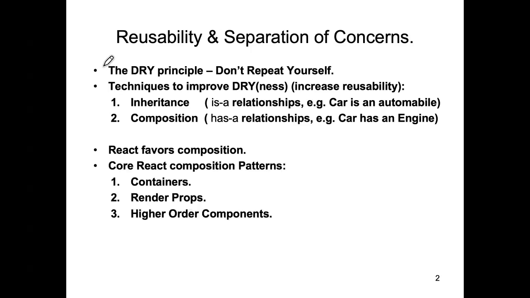Now, in that vein, taking a composition approach towards modeling a problem domain and trying to achieve greater reusability, better separation of concerns, improved DRYness in your code base, there are three patterns that have emerged in the React world over the years, and I'm listing them there.